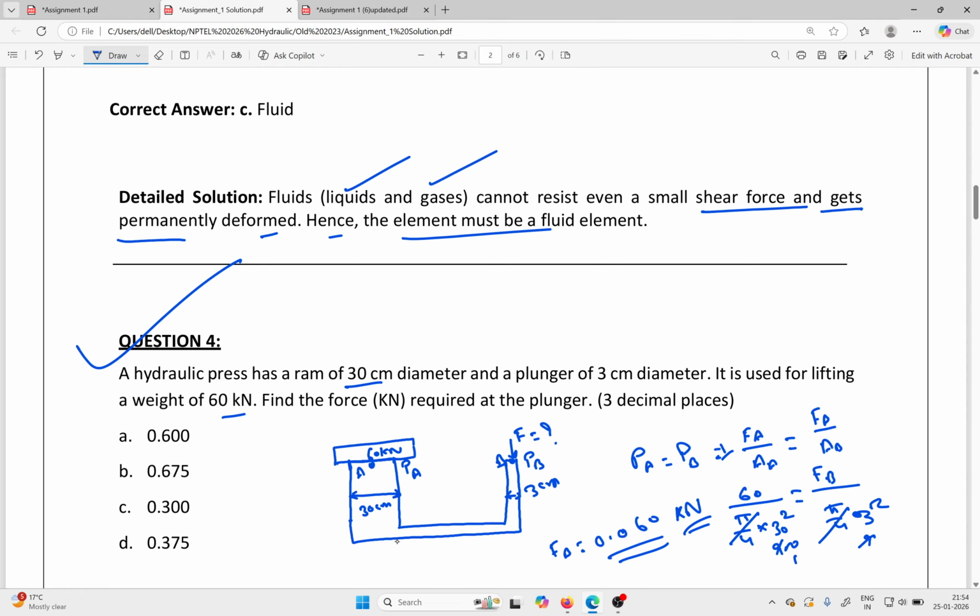Ten times less force means what? Here you can say the diameter is 10 times greater also. Means the diameter at the plunger is 3 centimeter, and the diameter at the ram is 30 centimeter.